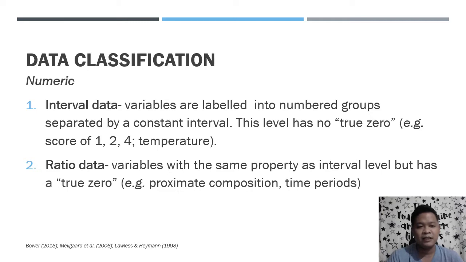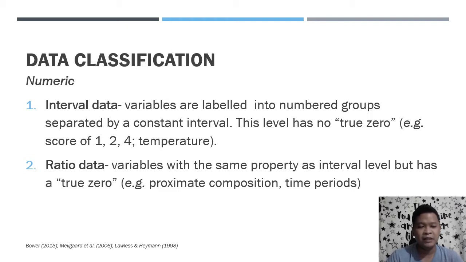Okay, this means that the interval between two values are numerically equivalent. So if, again, you have a temperature of 10 degrees Celsius versus a temperature of 20 degrees Celsius, then that has an interval of 10 degrees Celsius, which is equal to the interval between 20 degrees Celsius and 30 degrees Celsius.